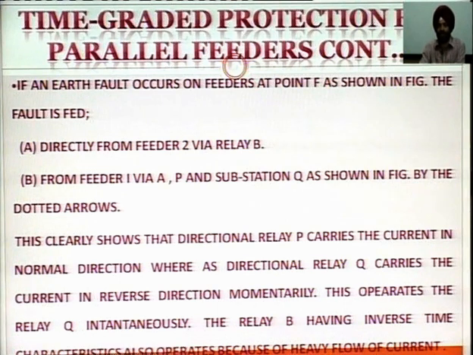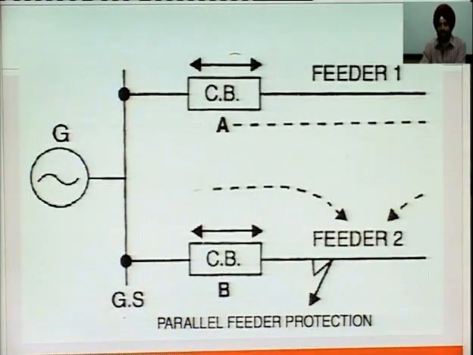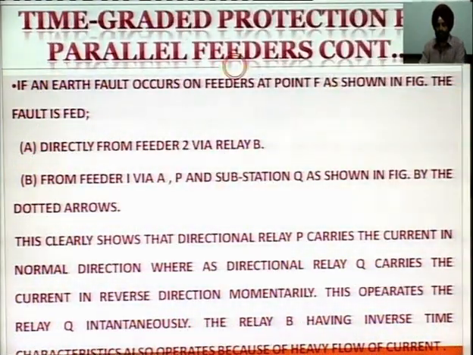So time graded protection for parallel feeder. If an earth fault occurs on the feeder at point F as shown in the previous slide, the current flows directly from feeder 2 via relay B, and from feeder 1 via A, P and substation Q as shown. You can see the fault current flowing.